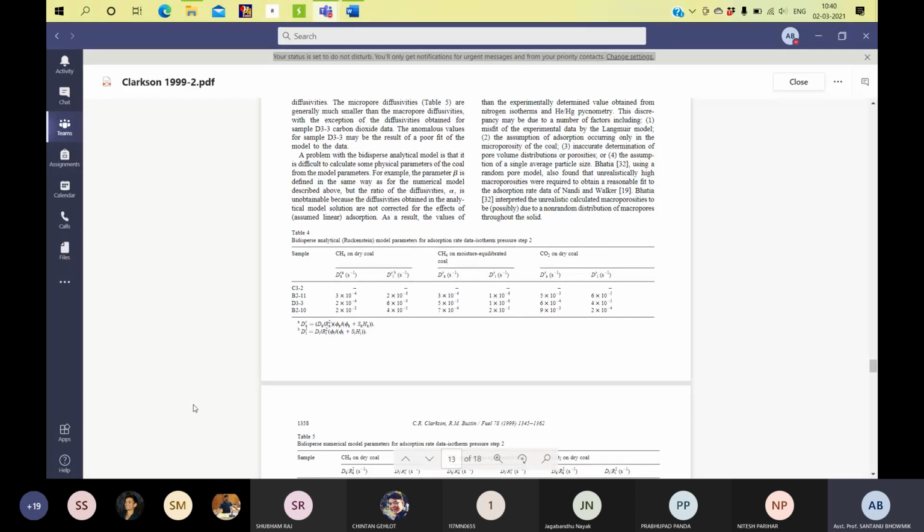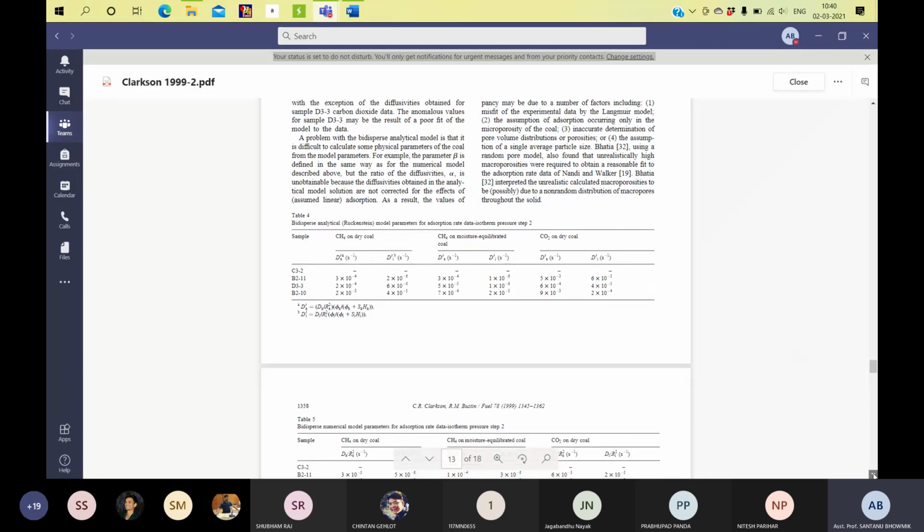You can see that for all the samples they have calculated for the dry and for the moisture experiment, with carbon dioxide and methane, both the macropore and the micropore diffusivity. These are the diffusivities, okay, per second, for both methane and carbon dioxide.